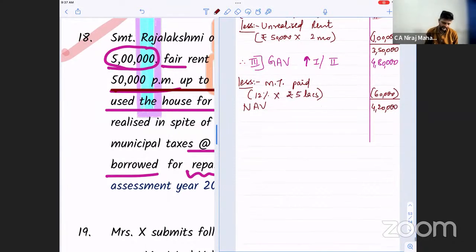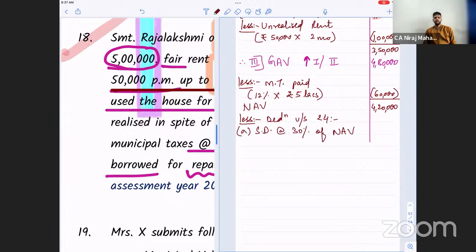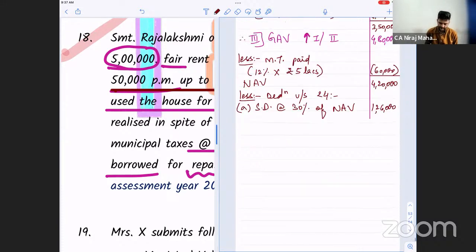Less deduction under section 24. A is standard deduction at the rate of 30% of NAV. 420 into 30, 1,26,000. Nothing great about this percentage.